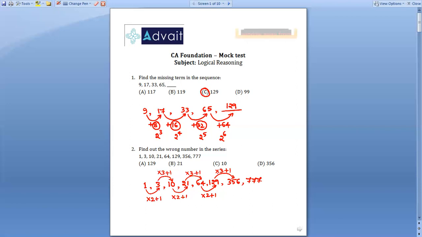Plus 1 gives a number ending with 8. But we have 356 over here. So clearly 356 is the number which is not following the pattern. So this 356 is odd man out. So it is option D. So 356 is the wrong number in this series.